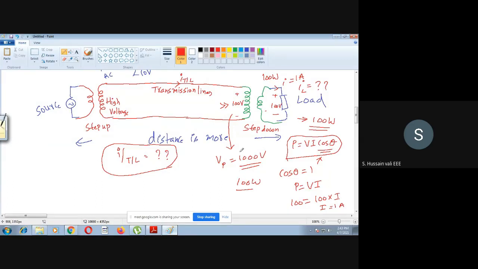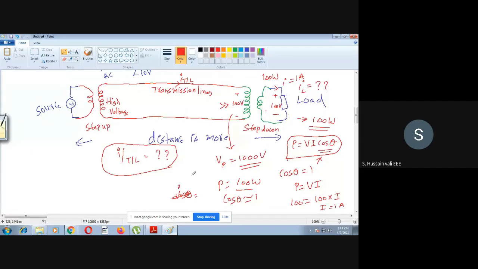So in that case, if the voltage is 1000 volt, whereas the power is 100 watt, then what is the current? Once again we will use the equation P is equal to VI cos theta. Cos theta is also approximately 1, just for calculation purpose.